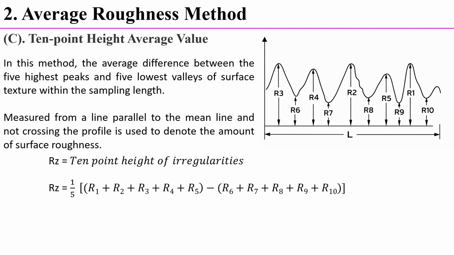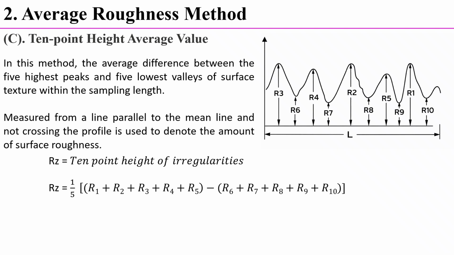So we consider the difference and take the average over 5 values. Rz equals 1 by 5 into R1 plus R2 plus R3 plus R4 plus R5 minus R6 plus R7 plus R8 plus R9 plus R10.